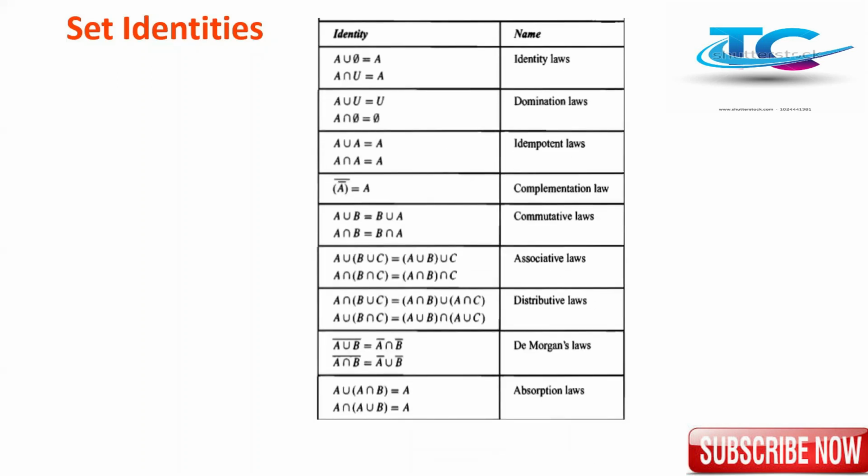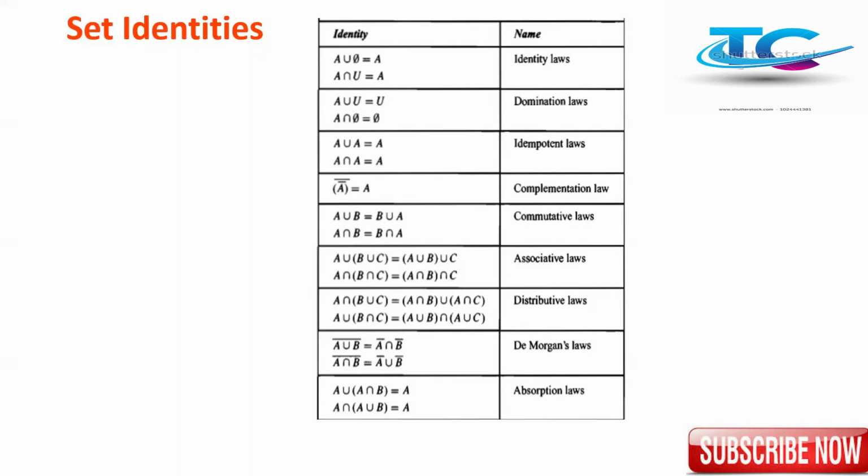So next is absorption law. So if there are two finite sets, and we take intersection of the sets A intersection B and then we take union with the set A, then we will get the original set back. So this is the first absorption law, and the second is if we take a union of two sets and then intersection with the set A, then again we will get the original set back.